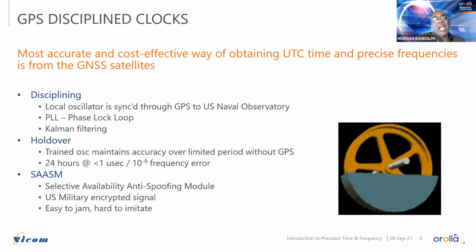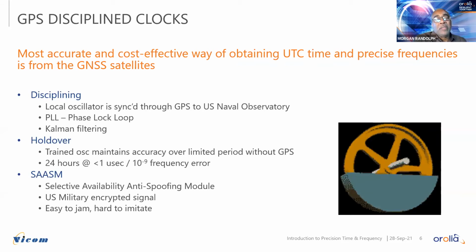Disciplined oscillators maintain accuracy over limited periods of time without GPS. In the case of our rubidium, it takes 2 weeks basically. Once you've been disciplined by GPS for that 2-week window, the heating and warming of the oscillator control gets it into what I call a static state, where it's working as prescribed and doing things at the sweet spot.